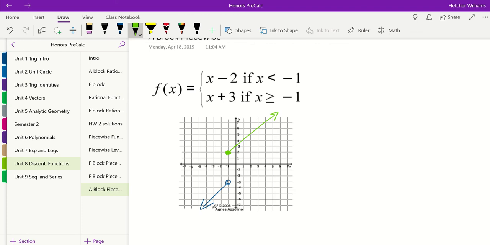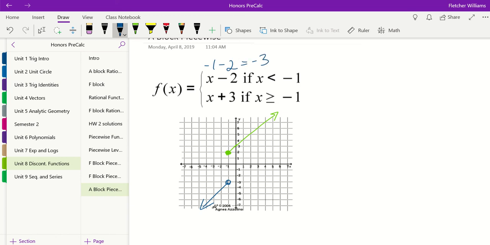Does that seem familiar to you? Yes, a few people. You don't have to graph both functions completely to know where to put them. If I just plugged in -1 for the first one, -1 minus 2, I'd get -3.